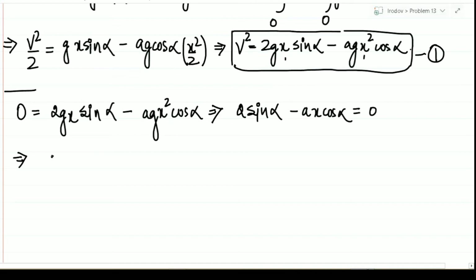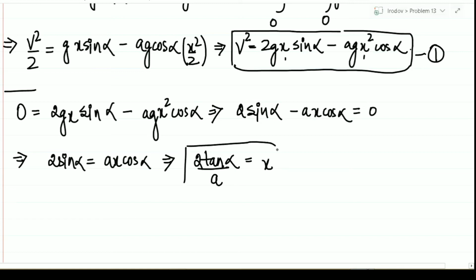This implies 2 sine alpha is equal to ax cos alpha. This implies that 2 tan alpha divided by a is equal to x. So we have found the distance it travels before coming to rest.